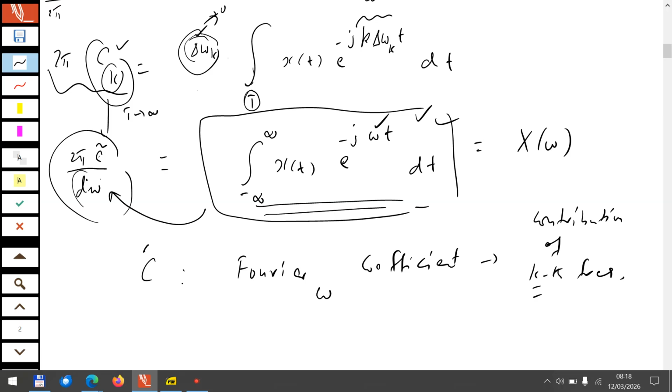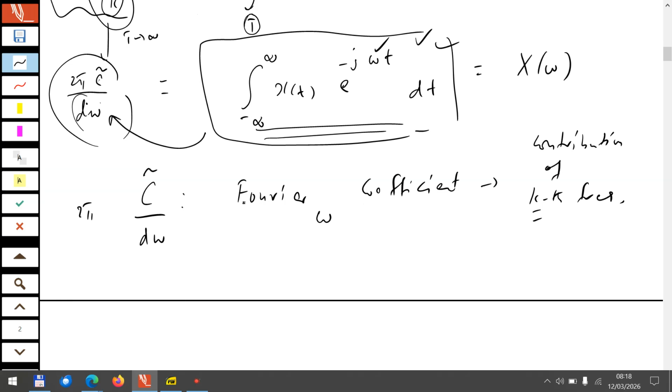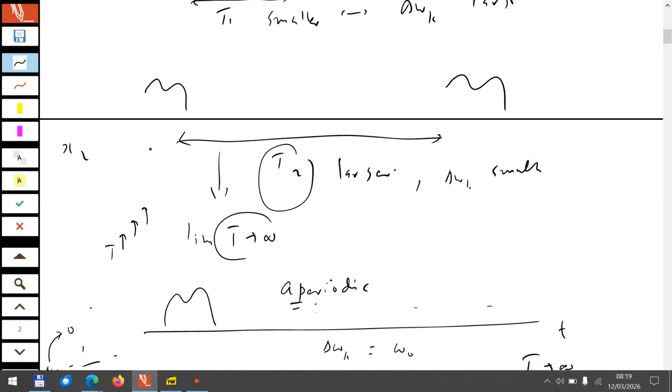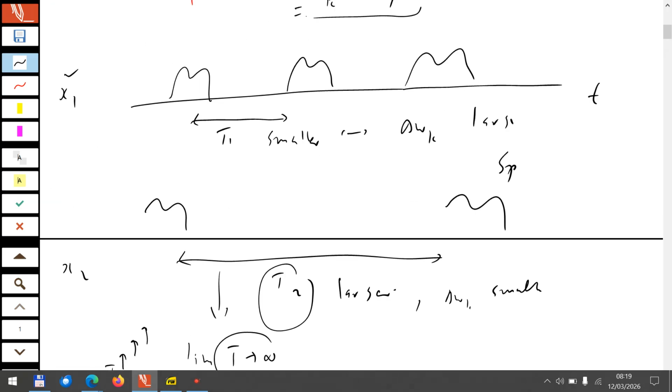And then you divide by d omega, and whether you multiply by 2, actually you can multiply by 2, that's better. So now it is not the Fourier coefficients as it is, but divided by d omega. And d omega is actually a change in frequency, or frequency interval. So it's kind of a density, right? If the c_k's were spectral coefficients, we call them spectral.